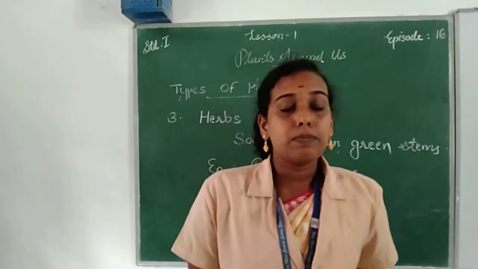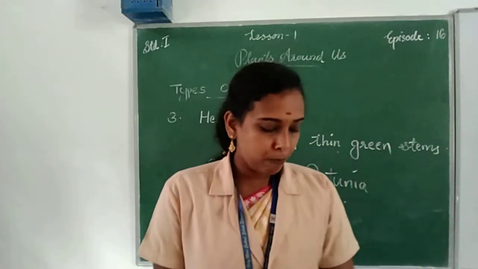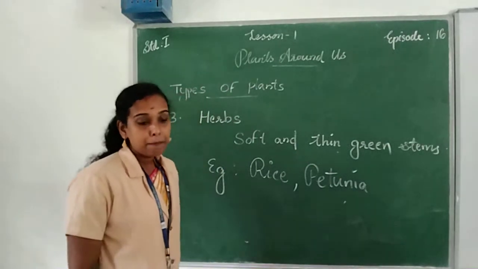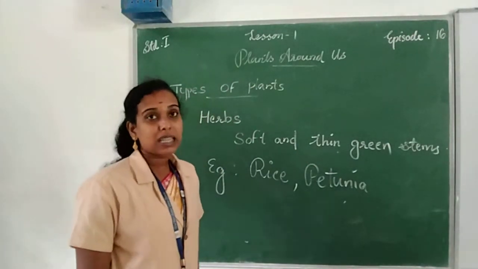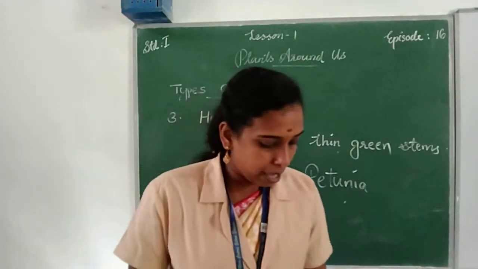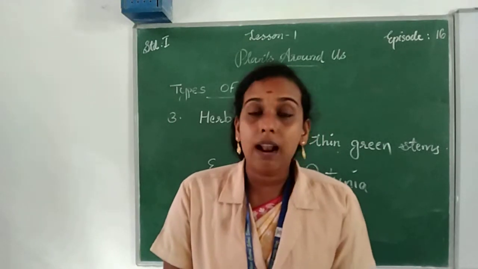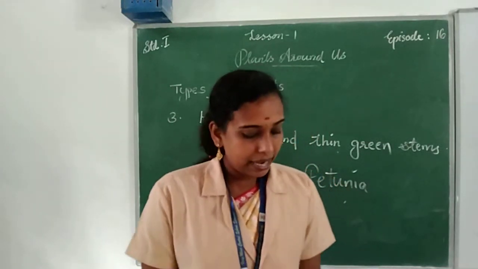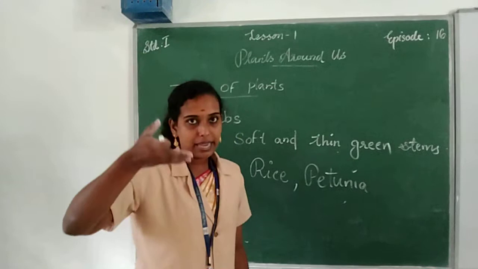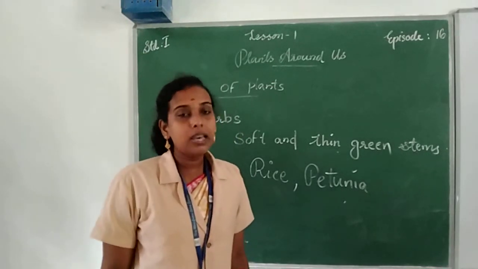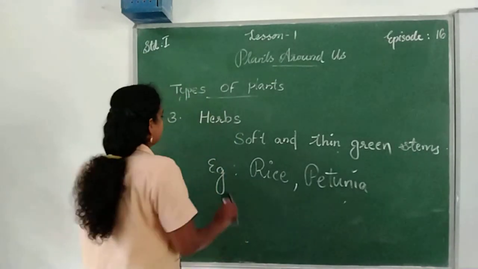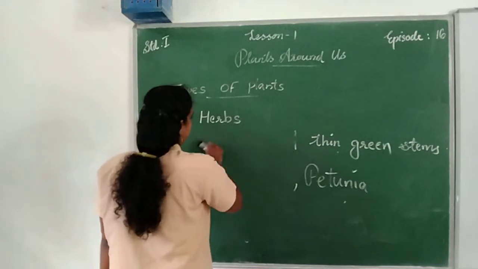Then the fourth type of plant is climbers. Climbers have very weak stems, and the plants cannot stand on their own and need support to stand straight. Such plants are called climbers.